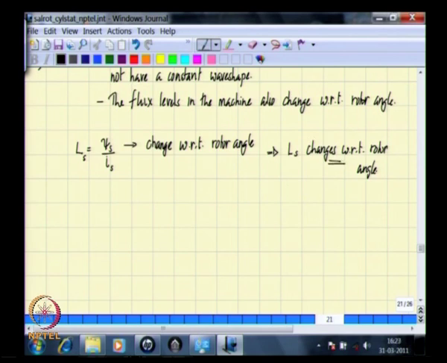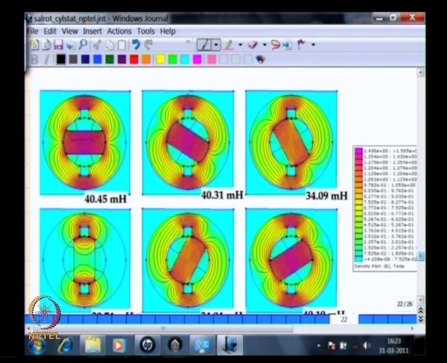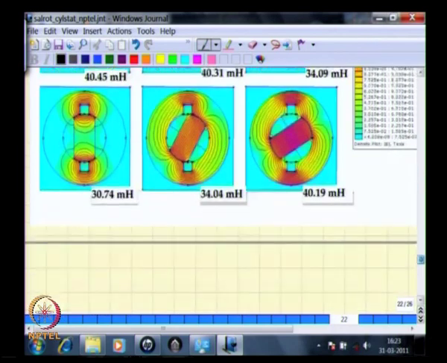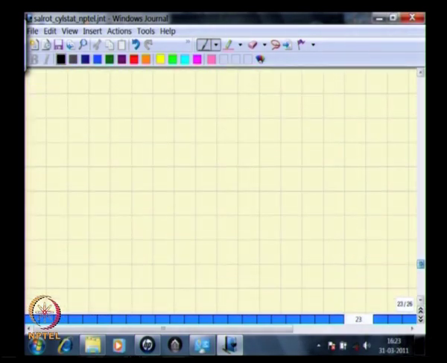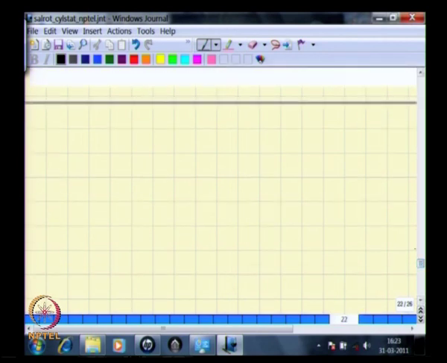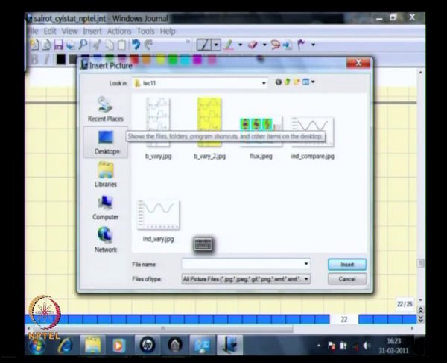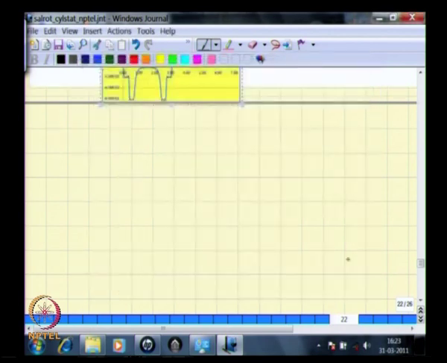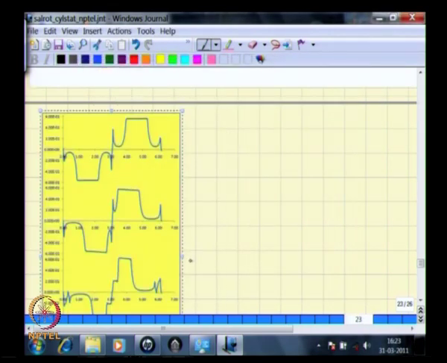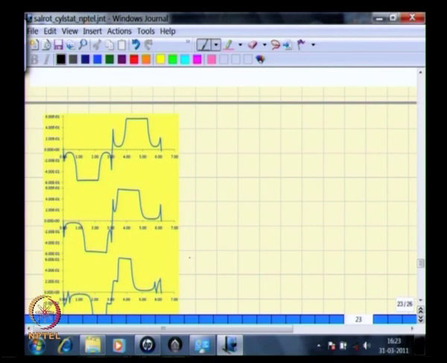How about the flux density distribution? Now let us look at how the flux density distribution around the air gap will look for a salient pole machine. Again we will see the results from a finite element study of a simple geometry. Now this plot shows how the flux density levels are going to vary.